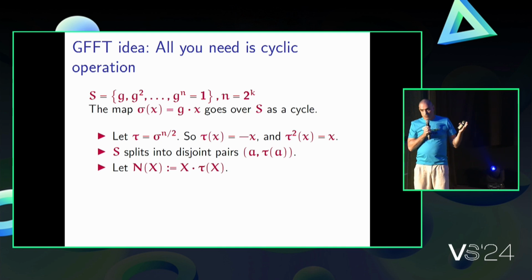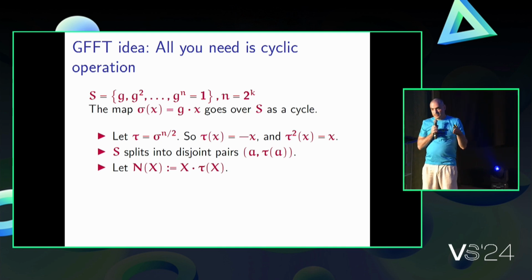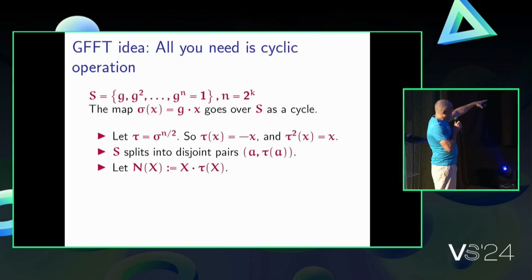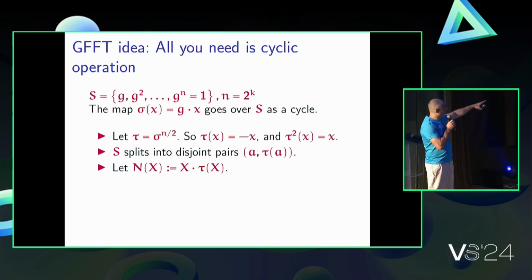Now, a main component in these FFT algorithms is a 2-to-1 map. So we can define the mapping N of x to be x times tau of x. I call it N because it corresponds to the norm of a certain field extension, but that's not important to know.